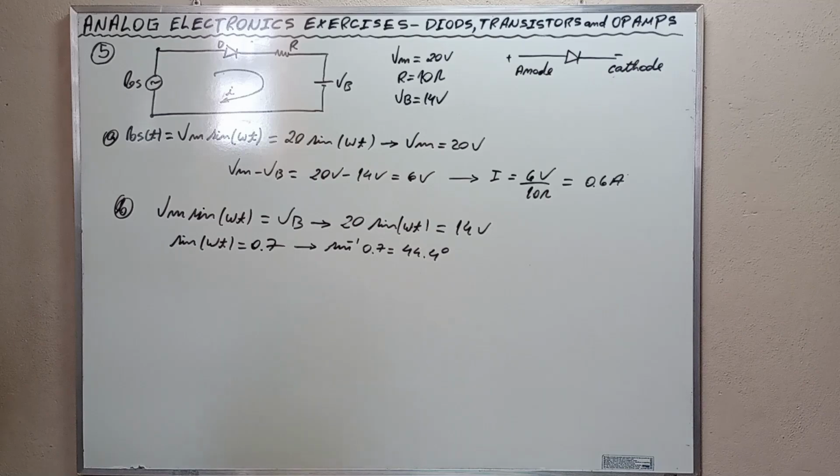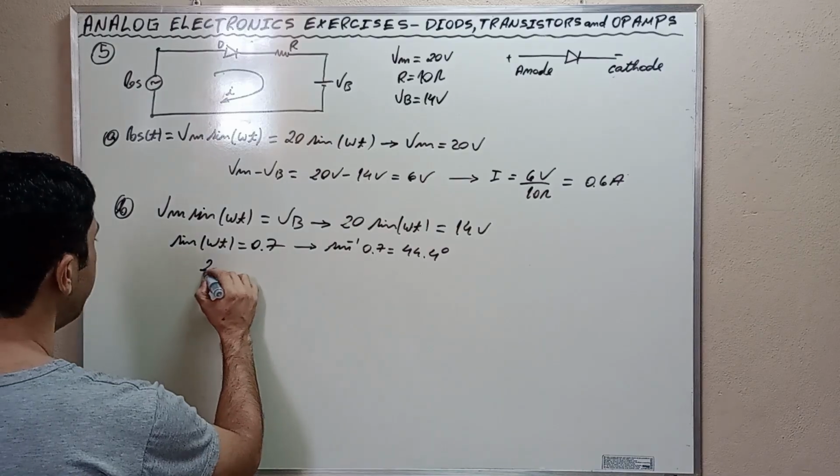What are the values in which sine Wt is equal to 0.7? We observe that this value is equal to 44.4 degrees. Okay, so let's convert this angle to radians.